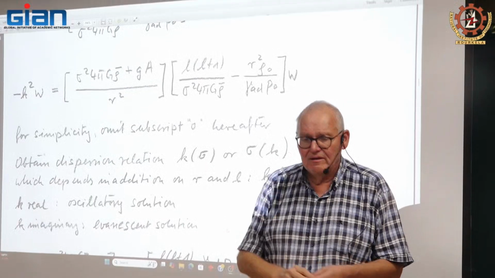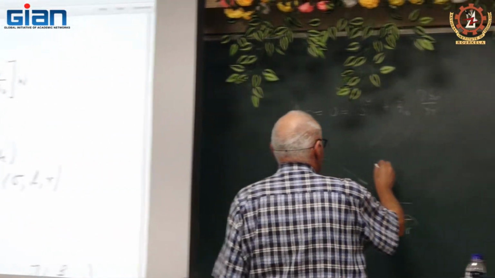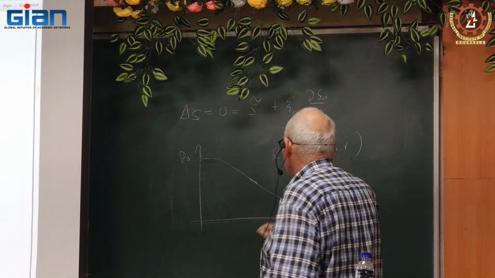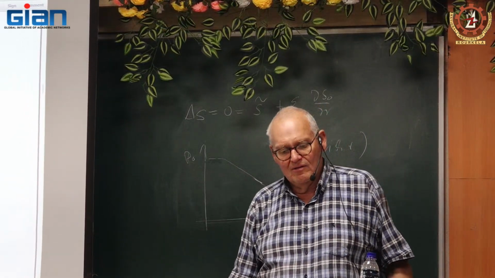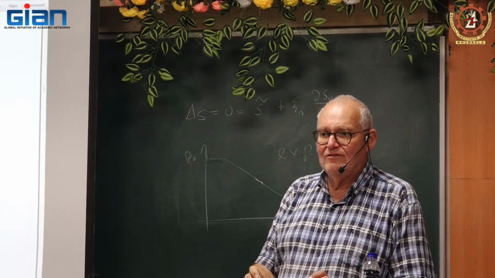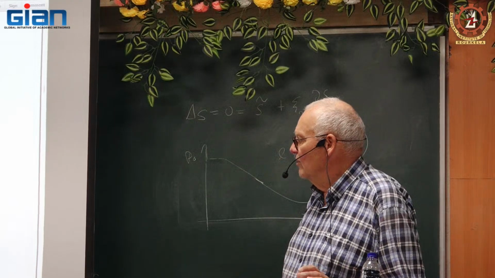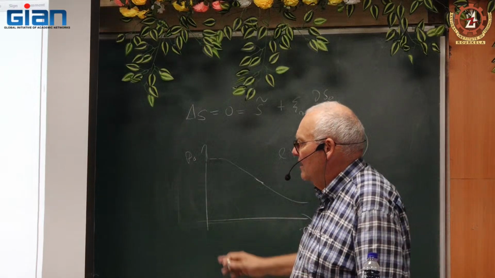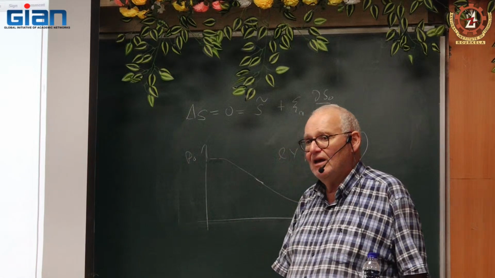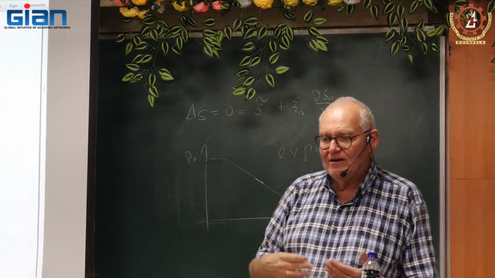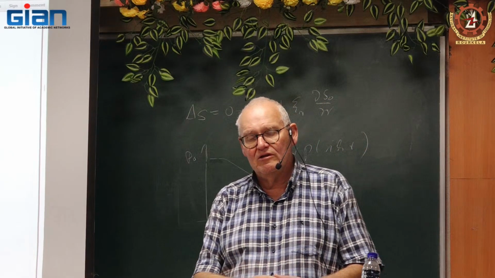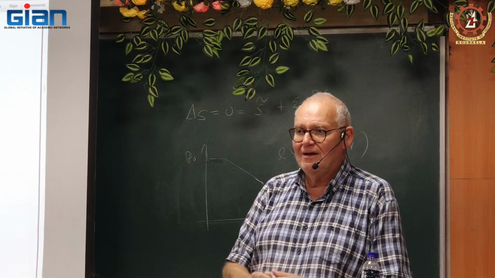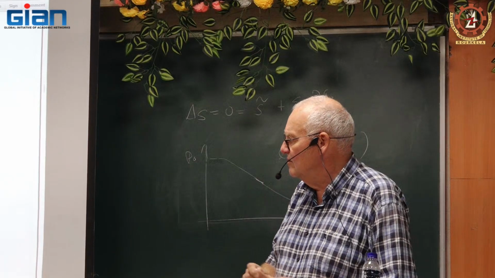When k is real, we have an exponential of ikr. If k is real, this describes oscillatory waves, and this is called an oscillatory solution. If k is imaginary, then we no longer have an oscillatory behavior, but we have an exponential behavior, so an exponentially decreasing or increasing solution.